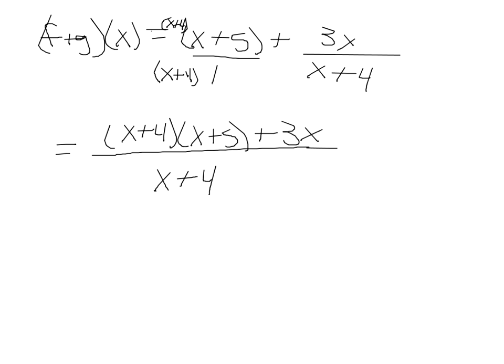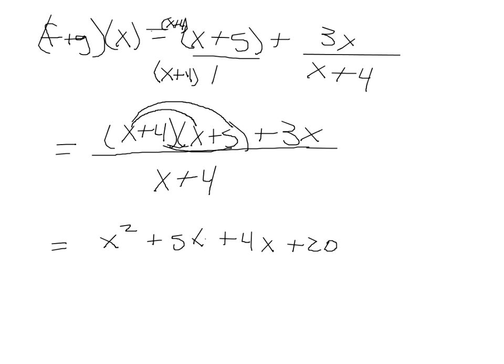Now I'm going to distribute here, because I need to combine like terms. First I start by expanding, so I get x squared plus 5x. Now I expand here, so I get plus 4x plus 20. That takes care of this term, and then plus 3x, and that's still all over x plus 4.